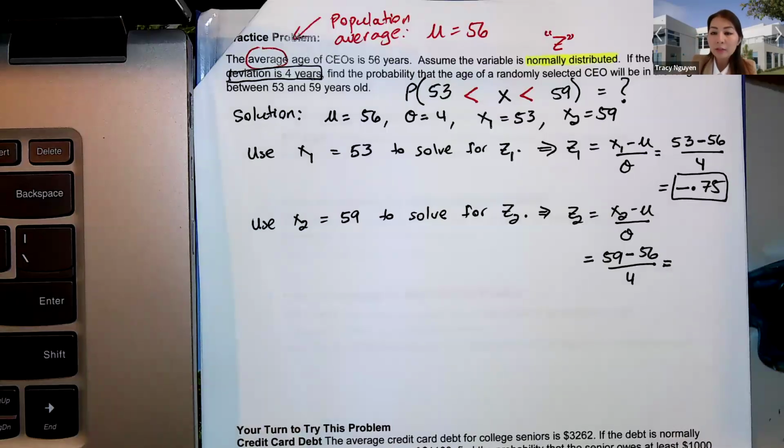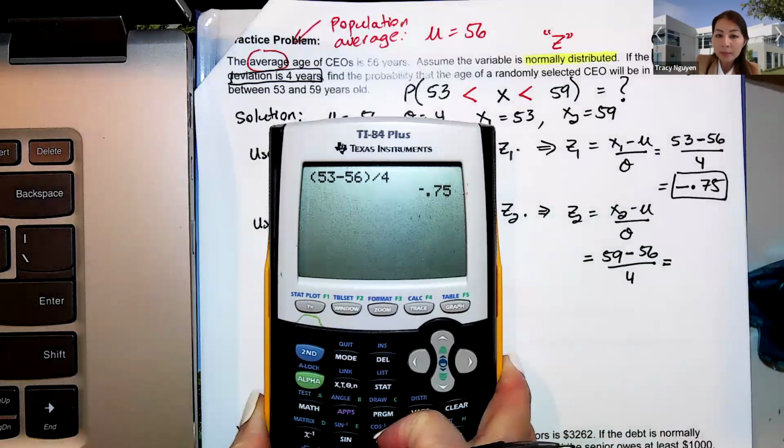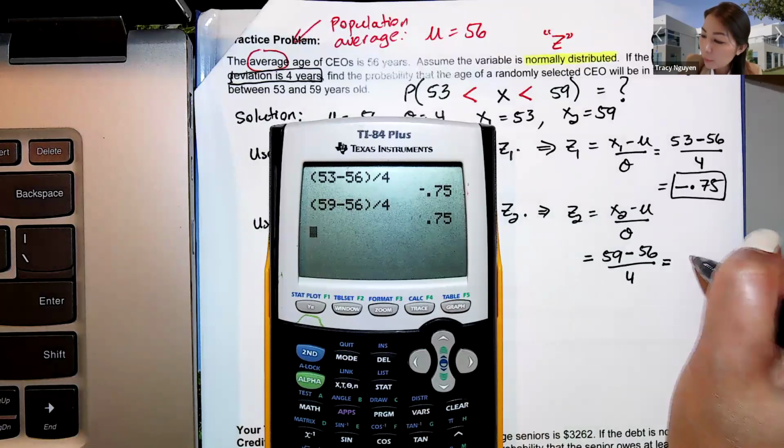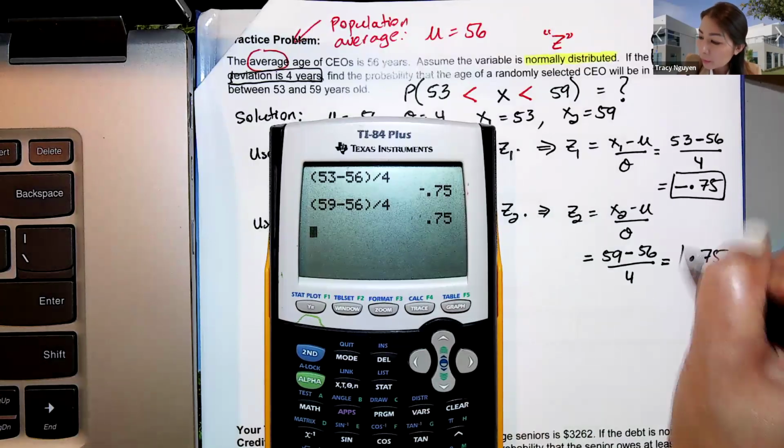Let's find out what we have here again for our second computation for z. Open parentheses, 59 minus 56, close it, and dividing it by 4, which we have a positive 0.75.